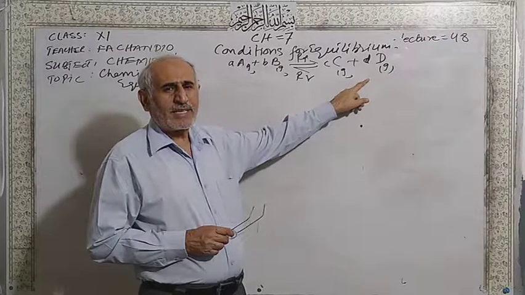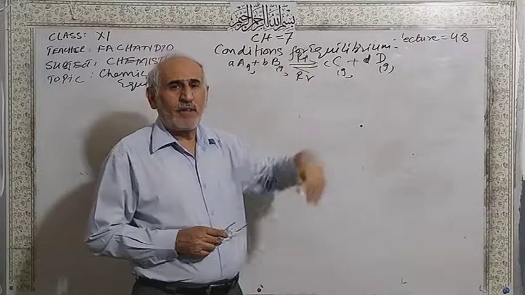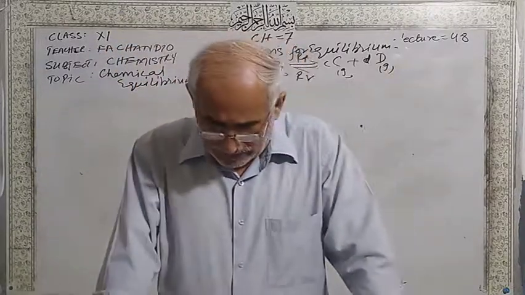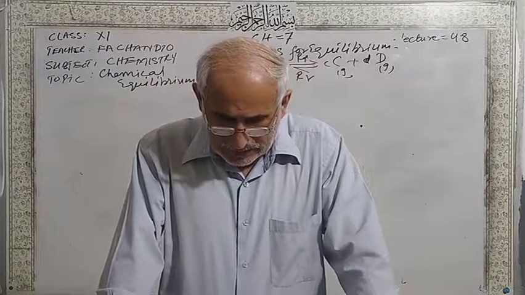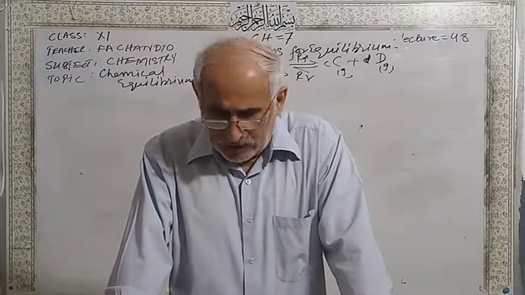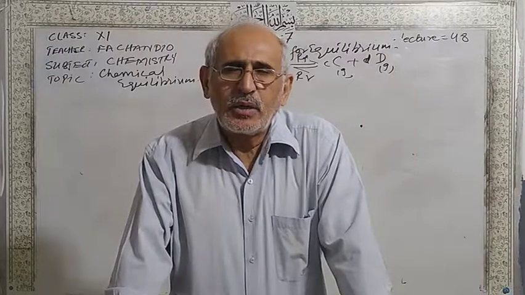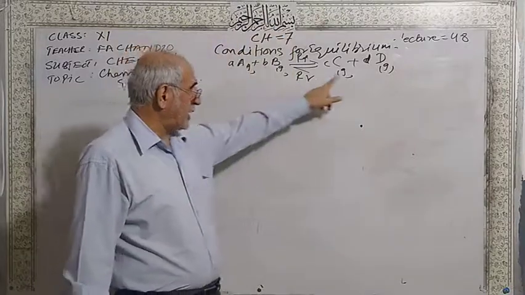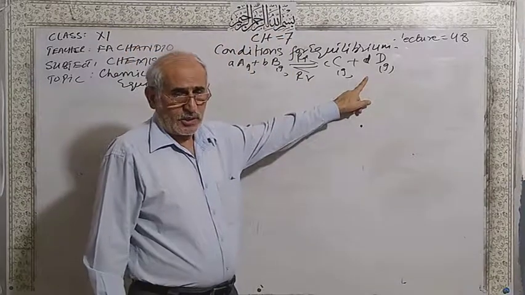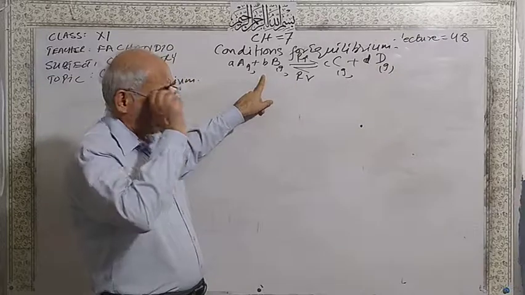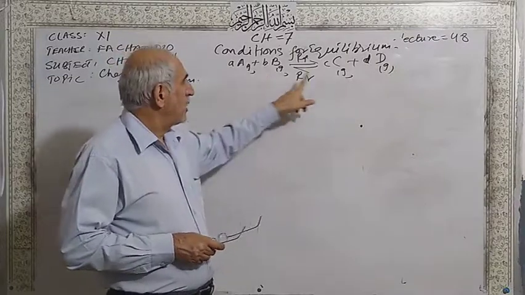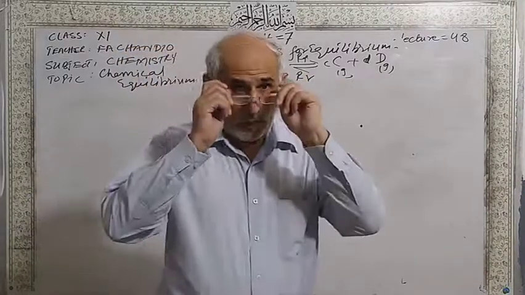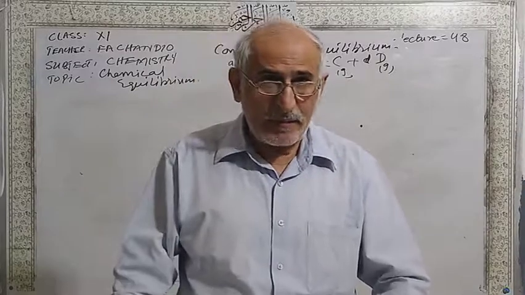So if the value of Kc is less than 1, then the denominator, meaning reactants, is greater in magnitude than the numerator. Means the reactants' magnitude is greater than that of the products. The concentration of the denominator is greater in magnitude than the numerator when the value of Kc is less than 1.